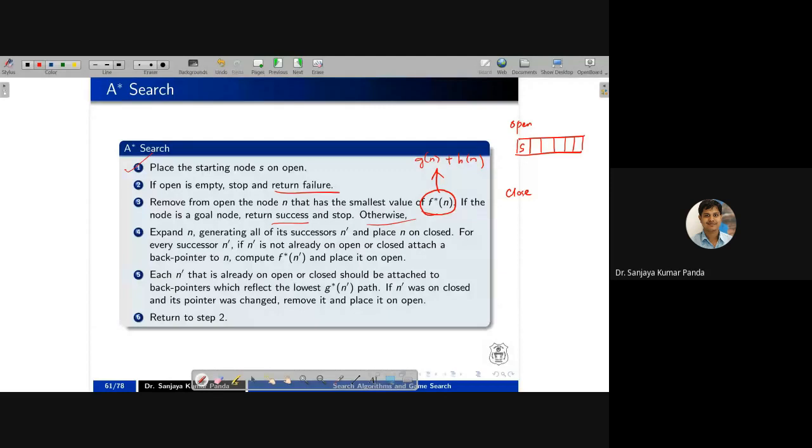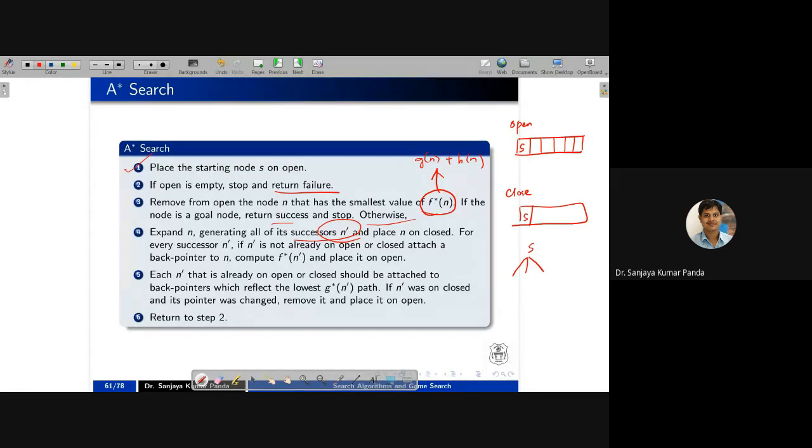Otherwise, you have to expand the node. You will get its successors. Generate all its successors, right? And move the node to the closed list, because it is already expanded, right?